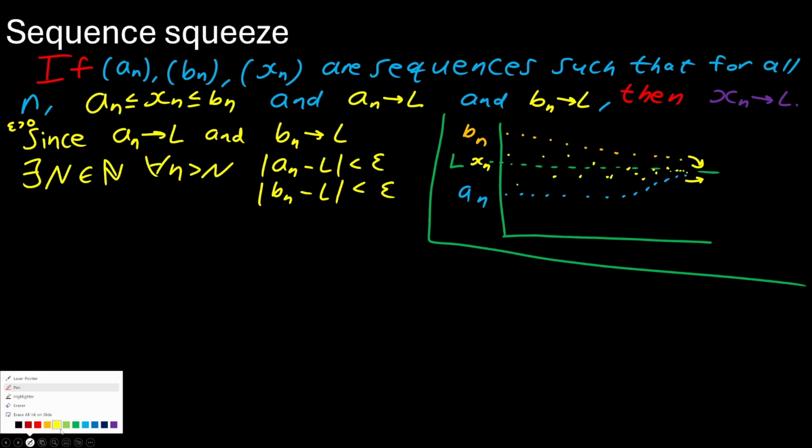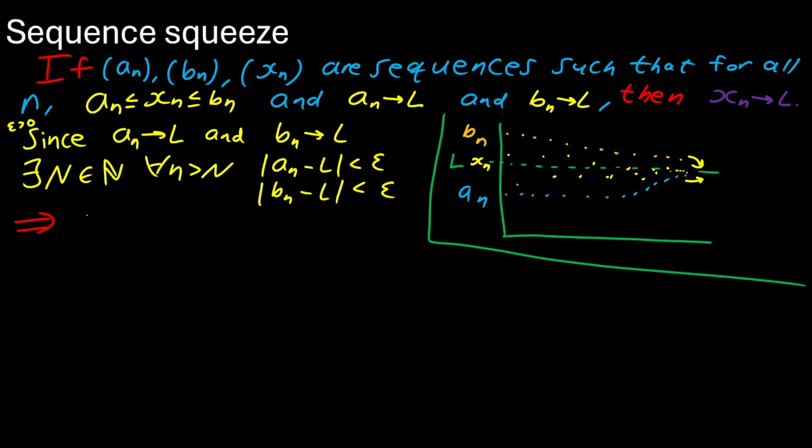Well, what that actually means is that an minus L is between negative epsilon and epsilon, and also negative epsilon is less than bn minus L, which is less than epsilon.